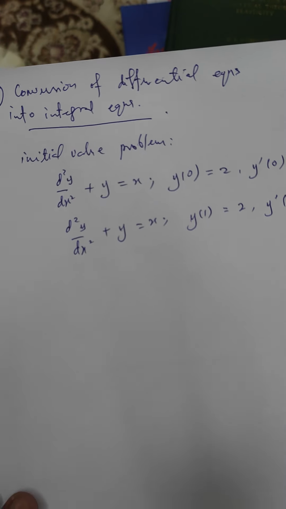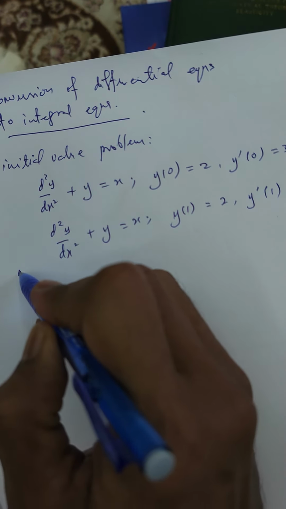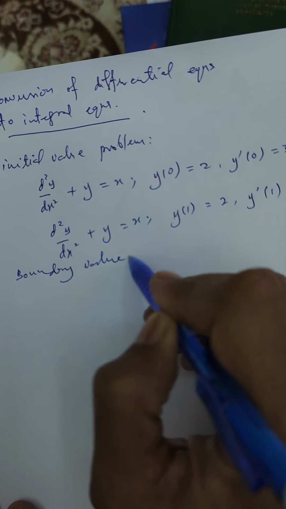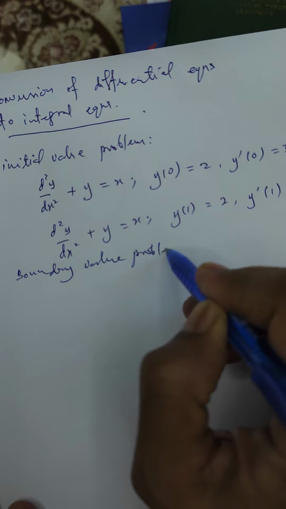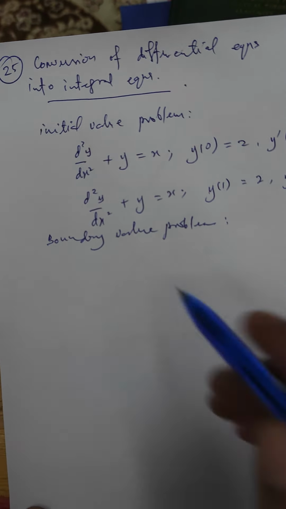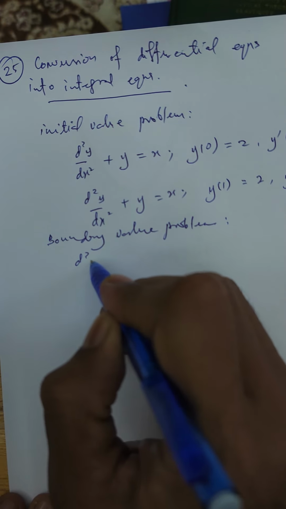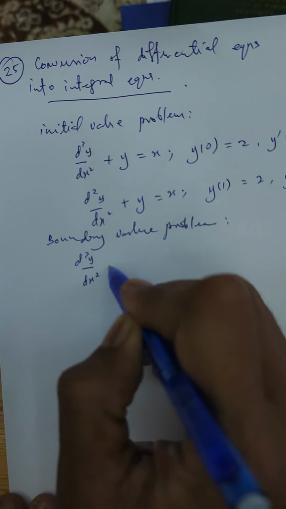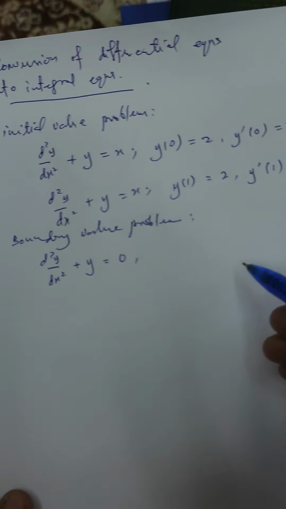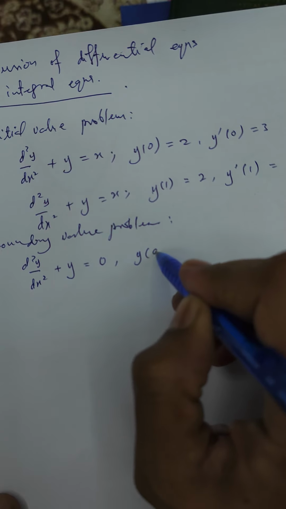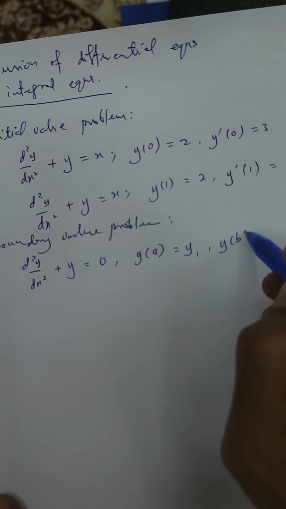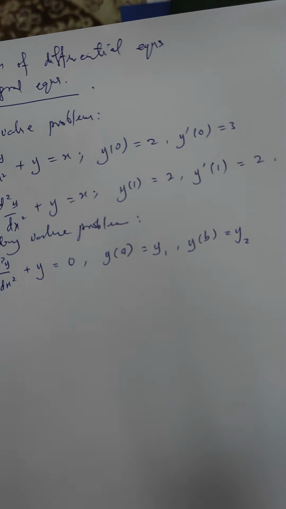And then the other one is the boundary value problem. The example is d²y/dx² plus y equal to 0, with the condition that y(a) equal to y1, y(b) equal to y2.